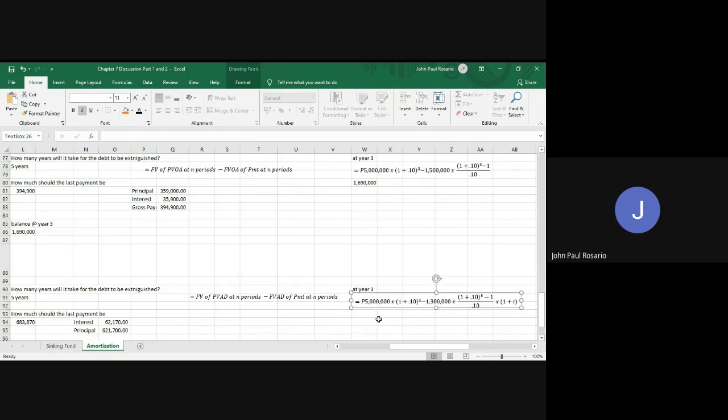Okay, so try to input that on your calculators. Let's see if you will get the desirable answer. 1 times 1.10 raised to the power of 3, and then we deduct the 1.10 raised to the power of 3 times 1.10 times 1.